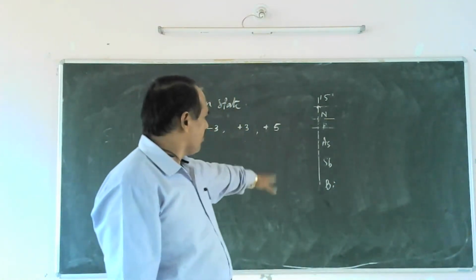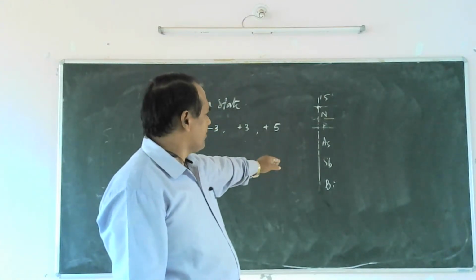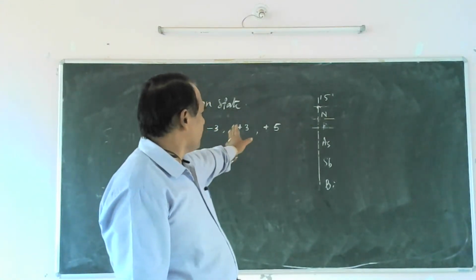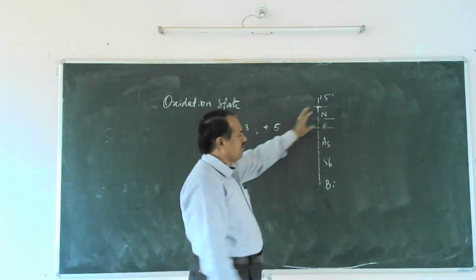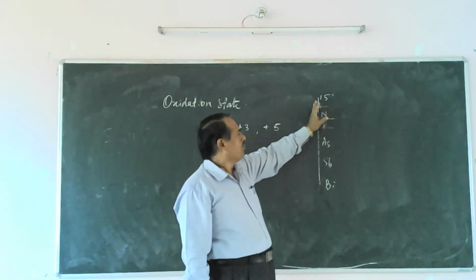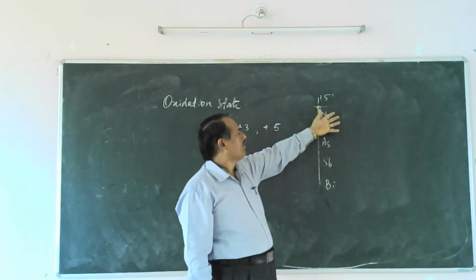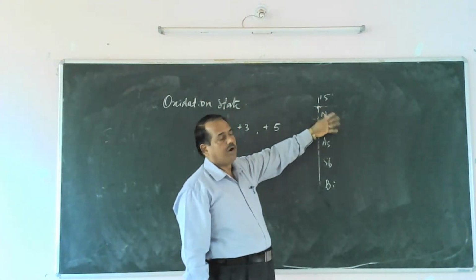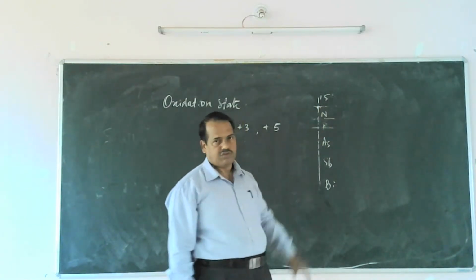For the lower elements below, the stable oxidation state is +3 or +5. For nitrogen, due to its covalency, covalency beyond 4, that means 5 or 6, is not possible.